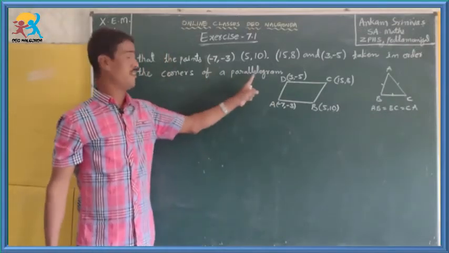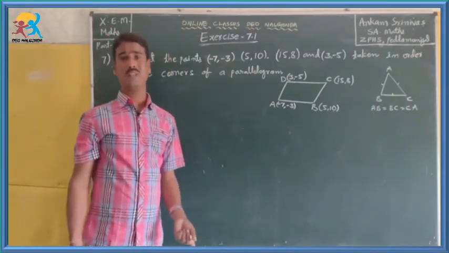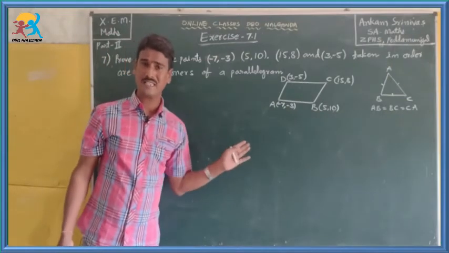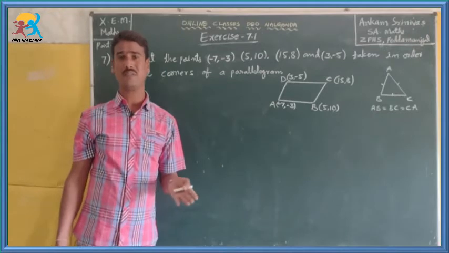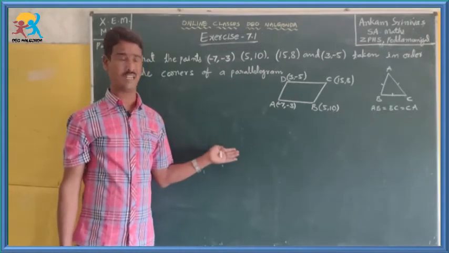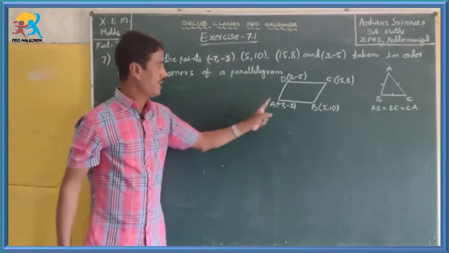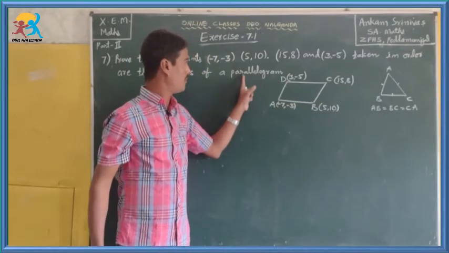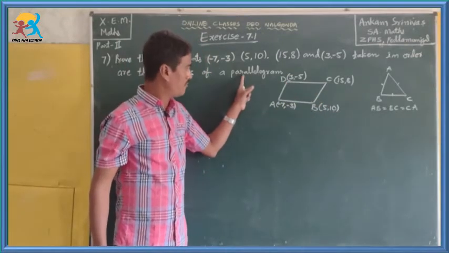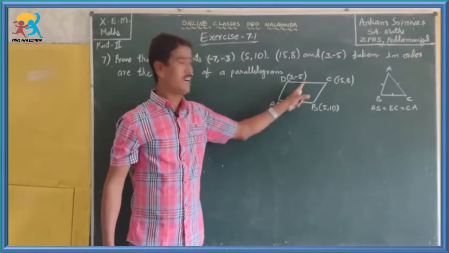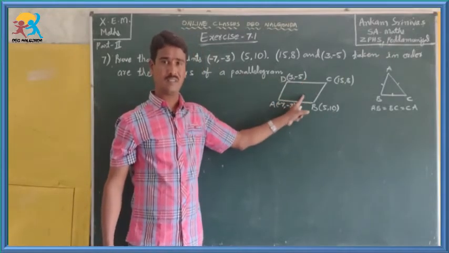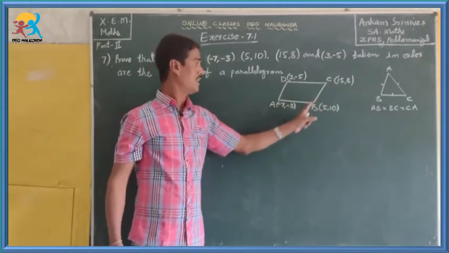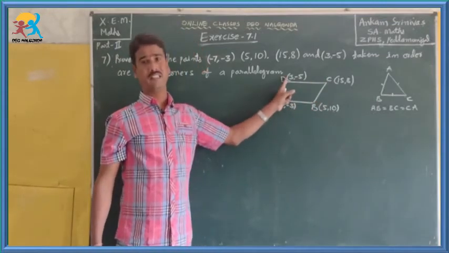Now write, we have to prove the parallelogram. How to prove the parallelogram? As per the parallelogram, if the lengths of opposite sides are equal in a quadrilateral, it becomes a parallelogram. So ABCD is a quadrilateral. To prove the parallelogram, we have to prove that the lengths of opposite sides are equal. So length of AB equals length of DC, length of BC equals length of AD.